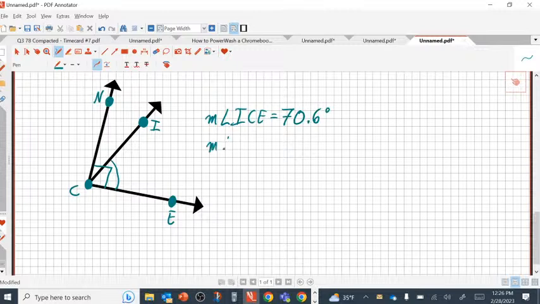And my question is, what is the measure of angle ICN? So if I know that this is 70.6 degrees, what is the measure of this angle? Talk it out and teach. Oh, that's easy. 180 minus, so tell me, how many degrees are in a right angle? 90. That's how you do it.